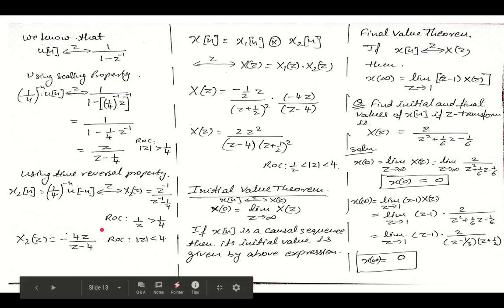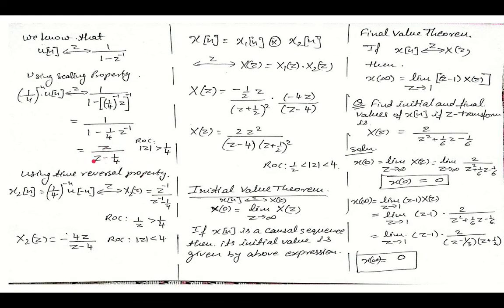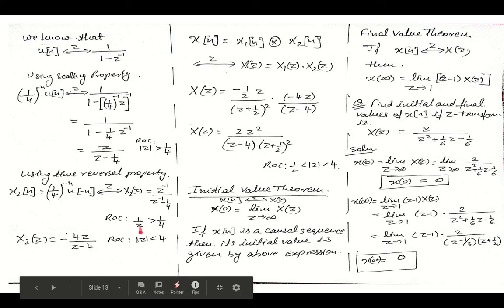And the ROC, as mentioned previously, would have been mod z greater than 1 by 4. By reversing, this ROC will change, since we are changing all the z into z inverse. So I will be changing the value of z into z inverse, and it will yield 1 upon z should be greater than 1 upon 4, which will ultimately give me mod z less than 4. Now this X2(z) is equal to minus 4z upon z minus 4.